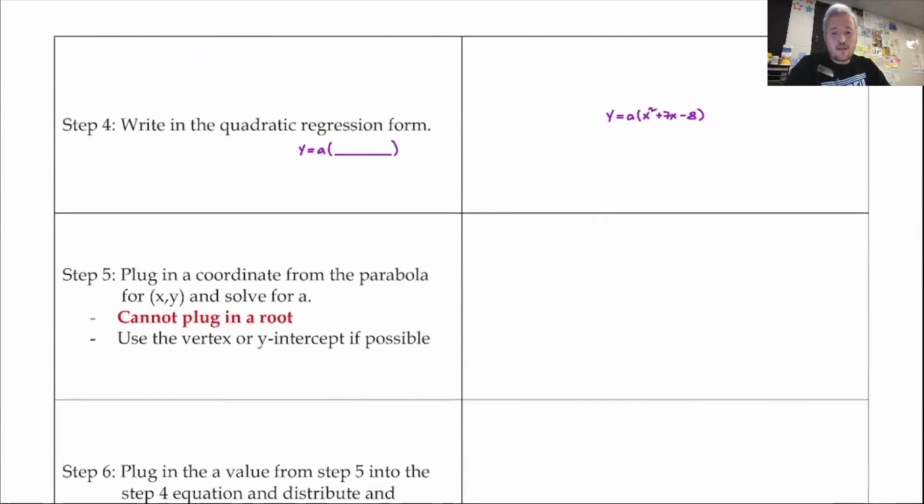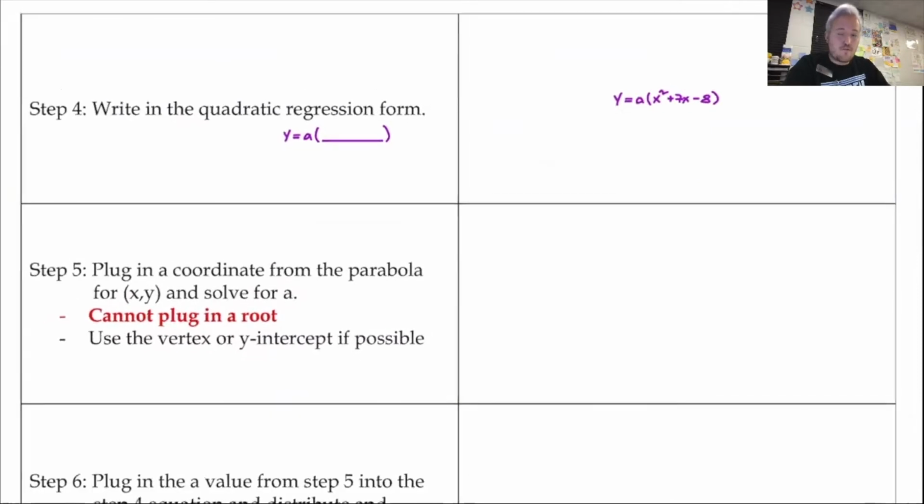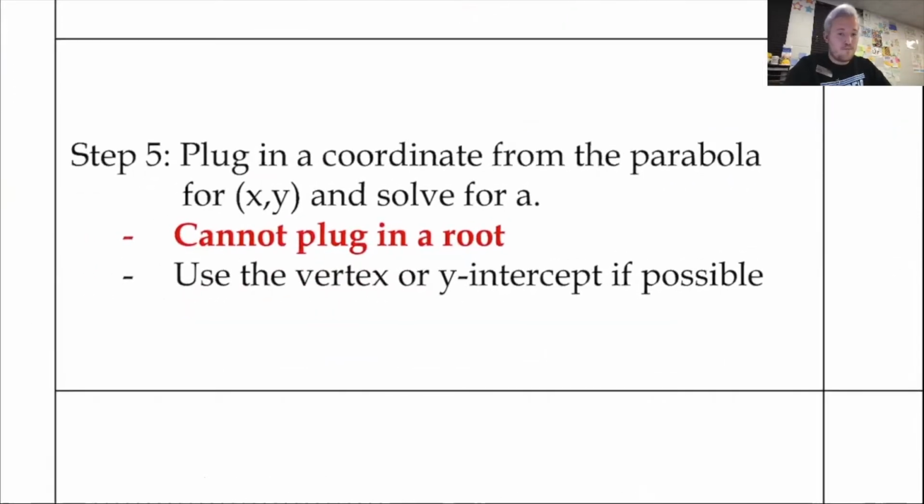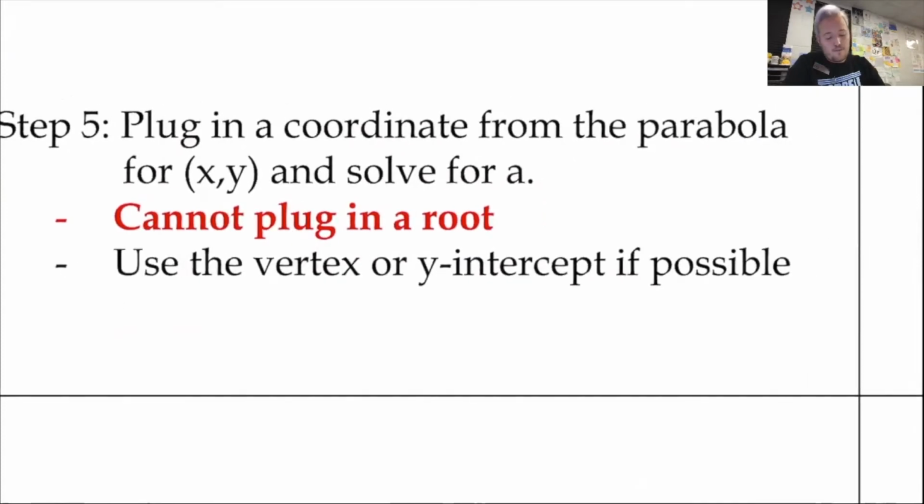So now we're going to take that regression form, and now we actually want to find that a value. So what I'm going to do is write the regression form, and I want to plug in a coordinate from the parabola. So back in step 1, when I was finding all those random points, that's where this is going to be used. All right, so you want to either plug in the vertex or the y-intercept if possible.